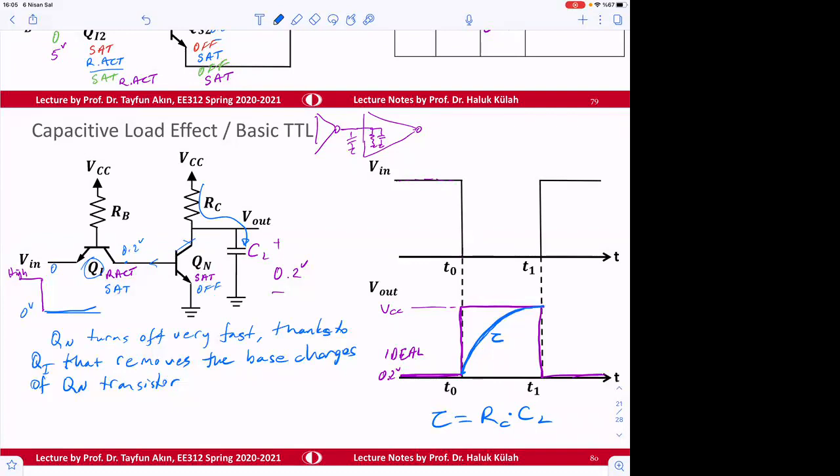Or we can calculate when it reaches 90%, we can also find that value. So that's called the delay. Due to CL a delay occurs.